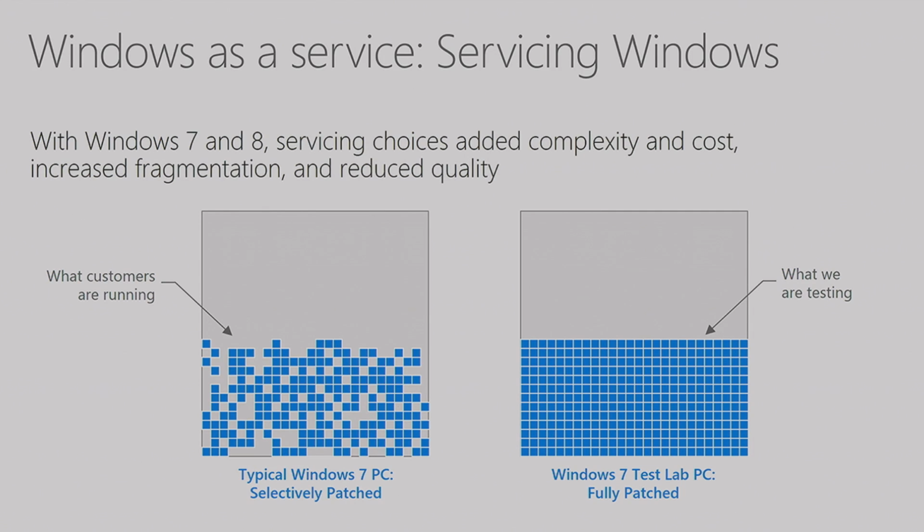But when we release new fixes, we're validating that against a fully patched PC. So we have a tendency of running into issues because of these varieties of PCs that are out there. Every single PC could be different. We can't possibly test all of those variations, so that's why we focus on a fully patched system.